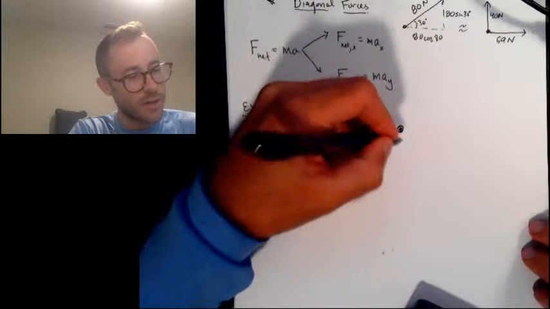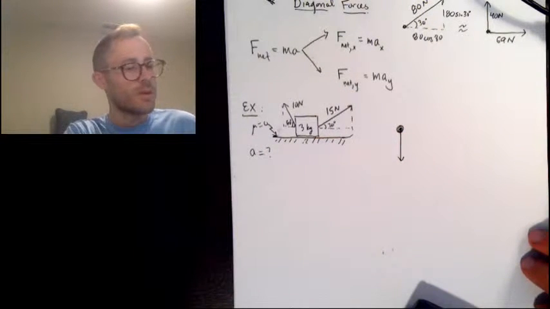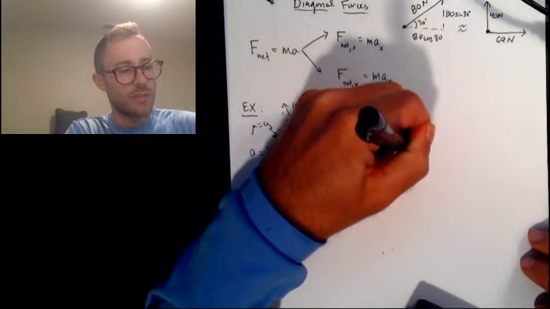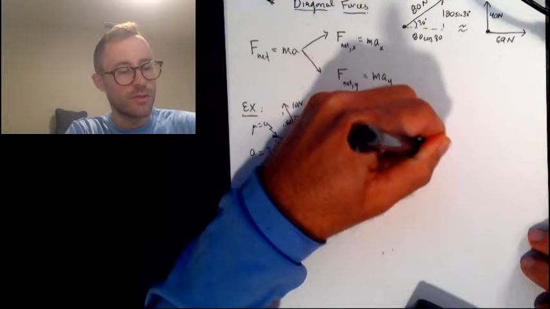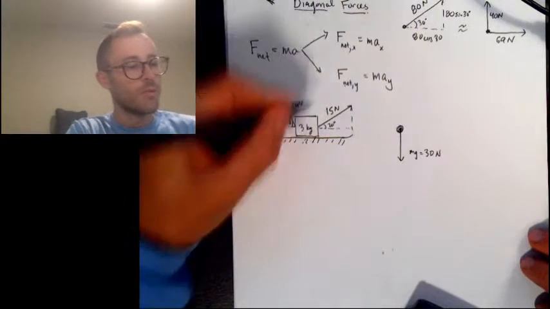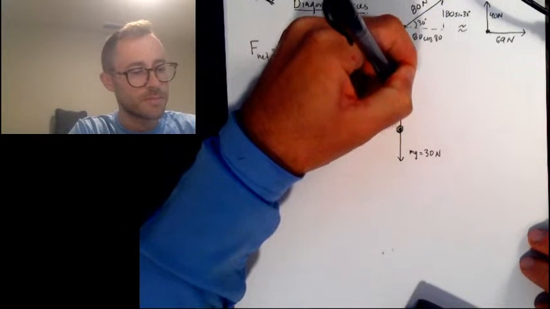We're going to have a weight force going down, which is mg equals 30 newtons. We're going to have a normal force, which points away from the floor, so that would be upward.